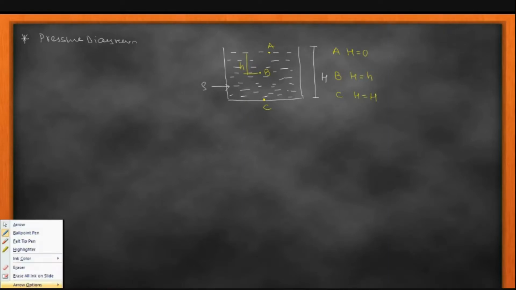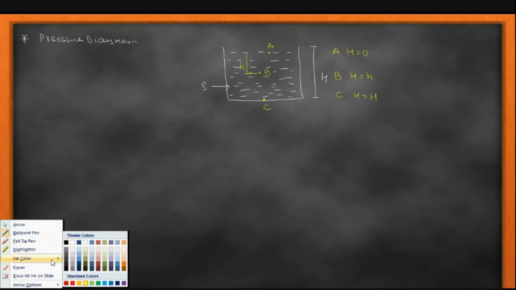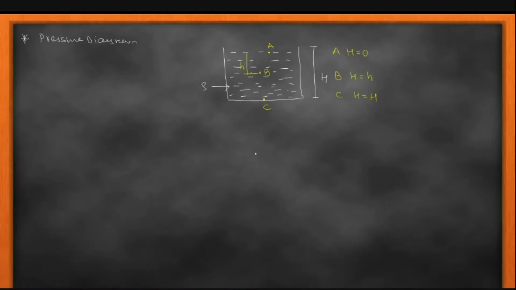Now, students, we know the formula to calculate the pressure head according to the various heights of the point under the free surface. So we know that the pressure is rho g h, and if we put h equal to 0 at A, we get 0.